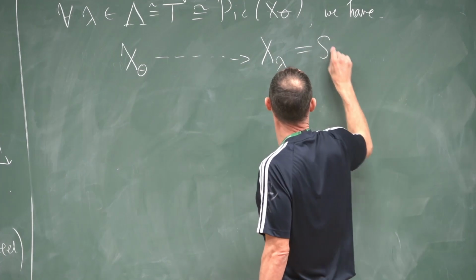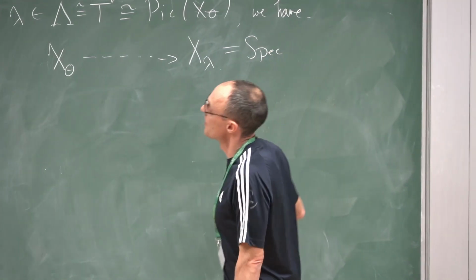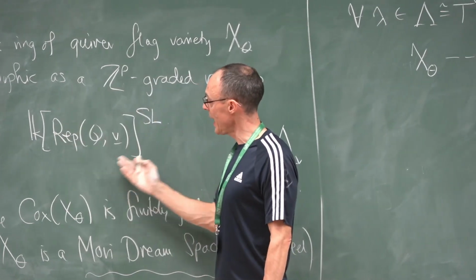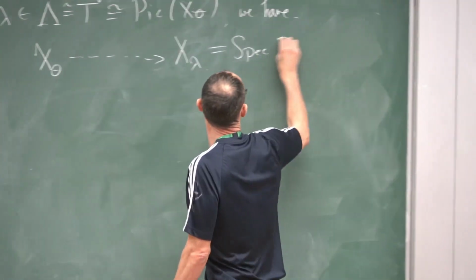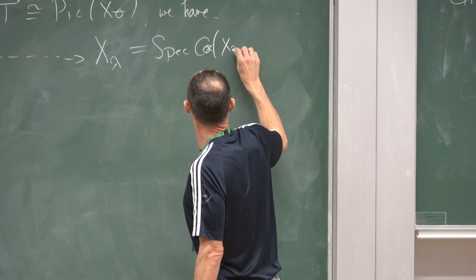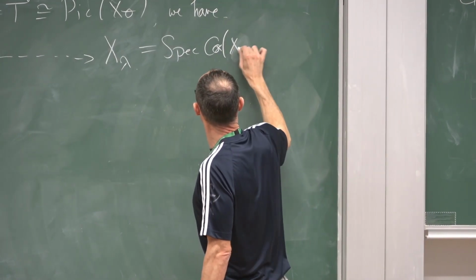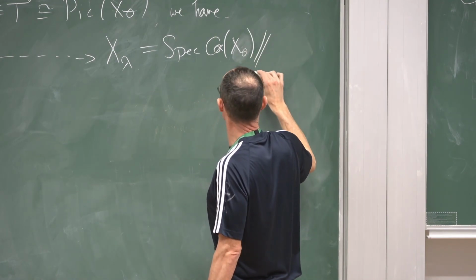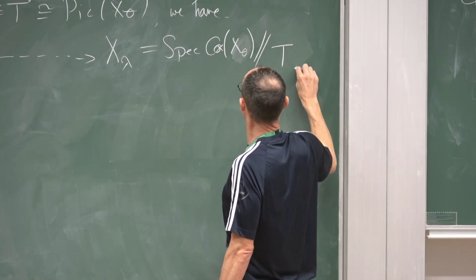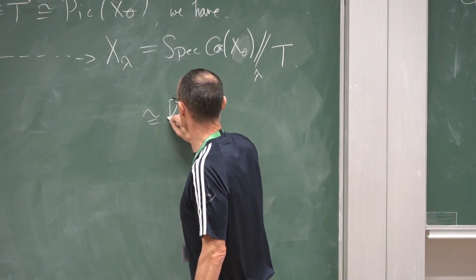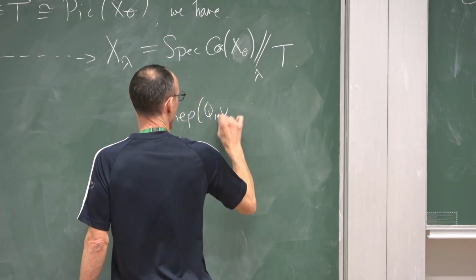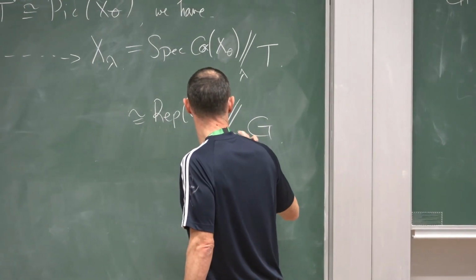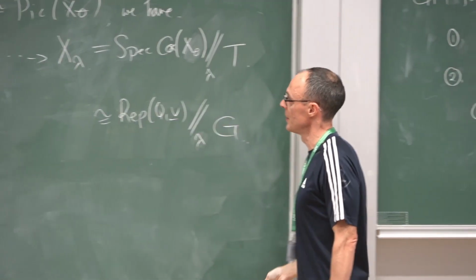So I vary this, and X_lambda is exactly a GIT quotient of this space, which is exactly taking the GIT quotient of our ring, Cox of X_theta, by T with our appropriate lambda. But the point is that this is isomorphic, for our choice of lambda.